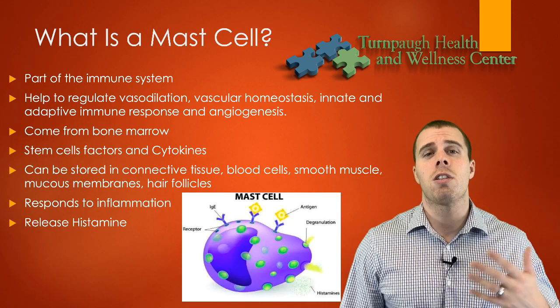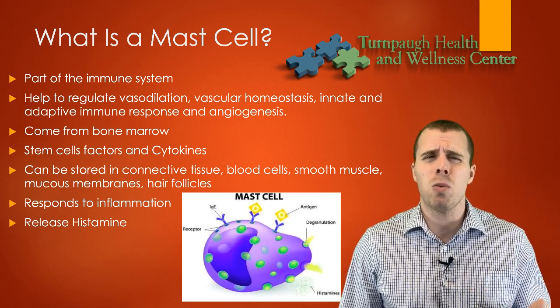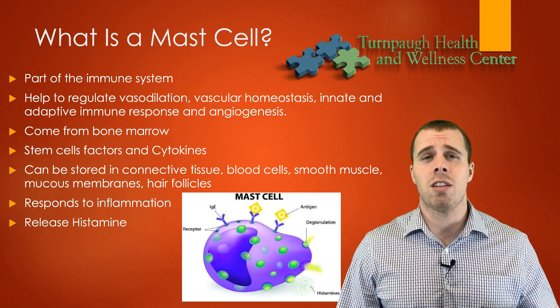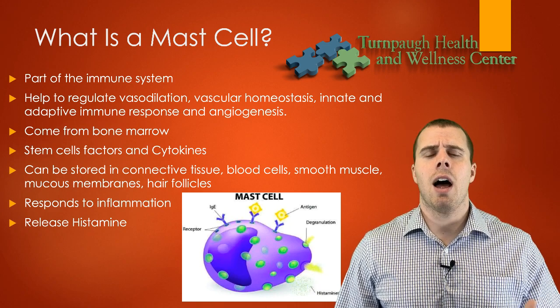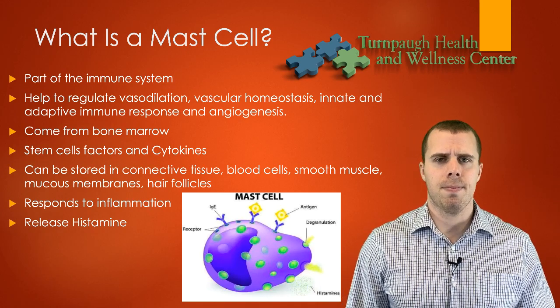Various antigens can stimulate or upregulate this mast cell production. So that's basically what a mast cell does. It goes to a site of inflammation, causes the release of histamine, degranulates the mast cell, and allows for the immune system to come and kill.